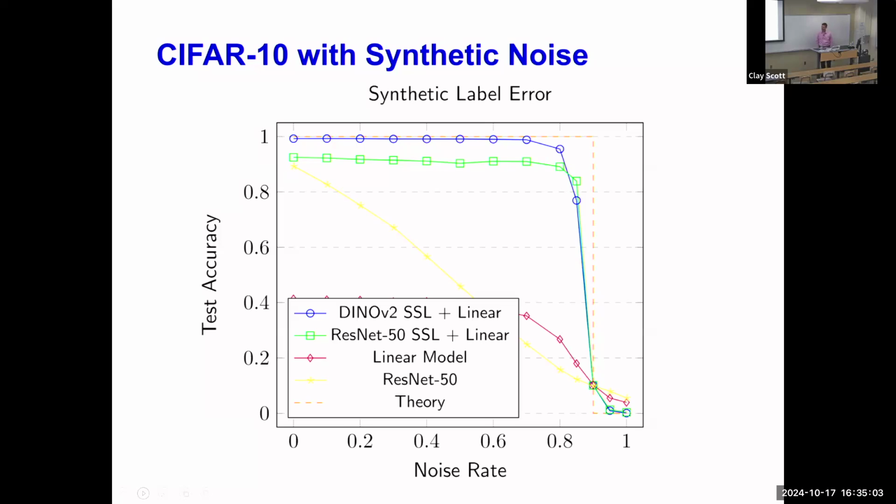This bound is true because we're using symmetric label noise. When you corrupt a label, it transitions to each of the other labels with equal probability. Because there's 10 classes, this line occurs at 0.9. That's another part of our paper that I didn't talk about, why that line is right there.